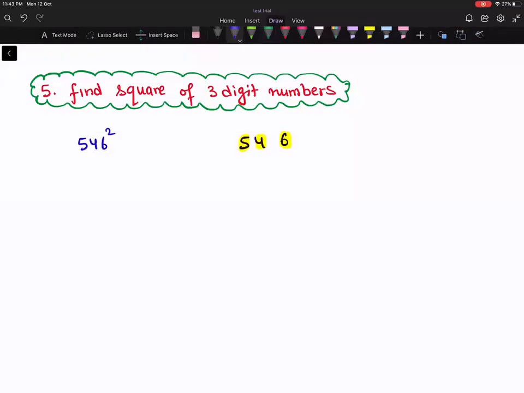So 6 square is 36, 4 square is 16, 5 square is 25, right? After that, you take the middle number, 4 6 are 24. Now you leave the blank. Okay? First you leave the blank. You leave one blank here, one blank here.